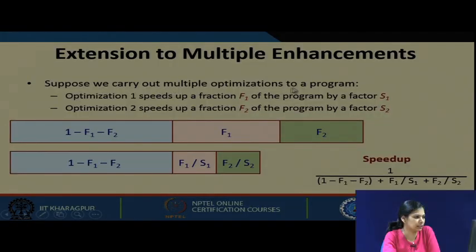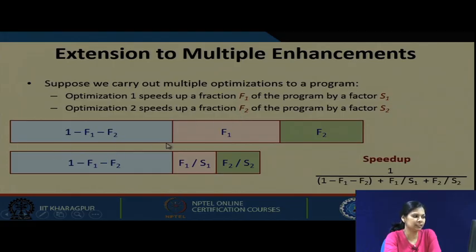Suppose we carry out multiple optimizations to a program. So, optimization 1 speeds up fraction f1 of a program by factor s1. Optimization 2 speeds up fraction f2 of a program by a factor s2. So, f1 and f2 are two fractions on which we are making improvement now, s1 for f1, s2 for f2.